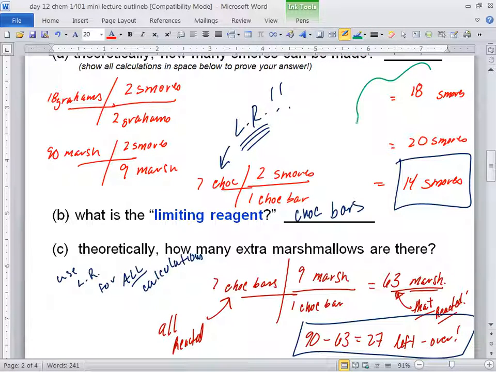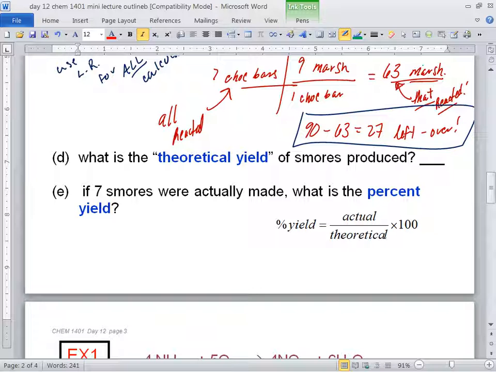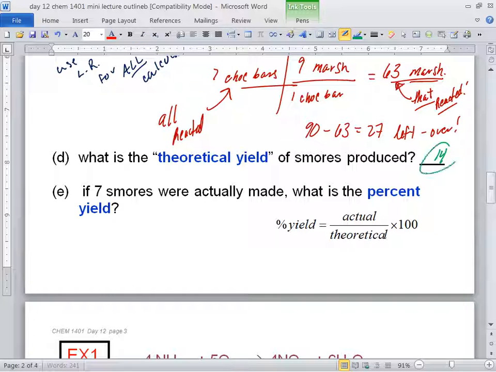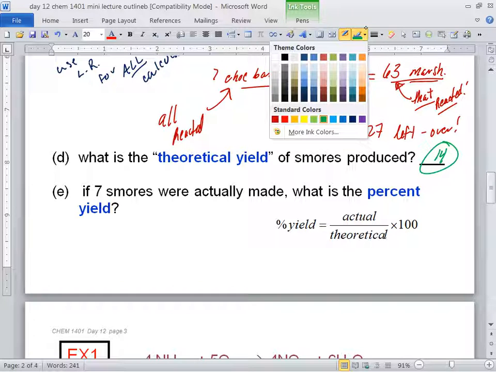It's got to be one of these. All right? How much did you get? Well, you don't have enough stuff to make 18 and 20 s'mores. The chocolate bars all run out when you get 14 of them. So the answer is 14. Theoretical yield is 14.